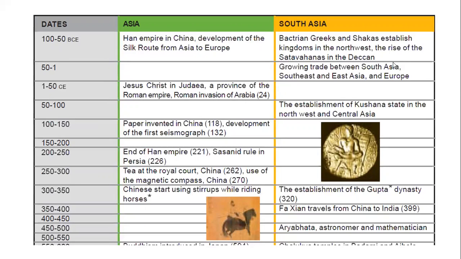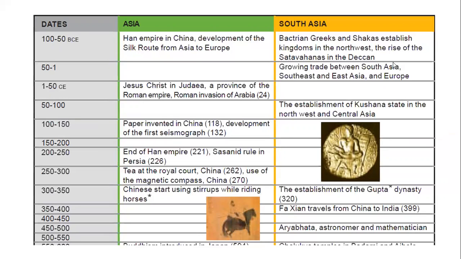300 to 350 years, we see the establishment of Gupta dynasty, and Faxian travels from China to India. 450 to 500 years in Common Era, Aryabhatta, the astronomer and mathematician.